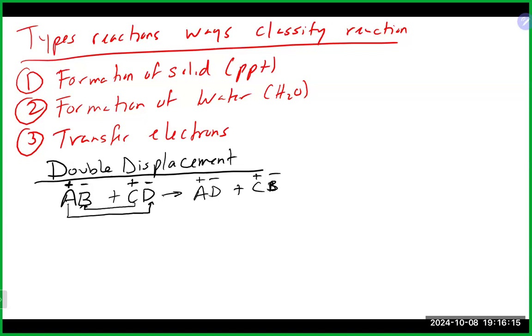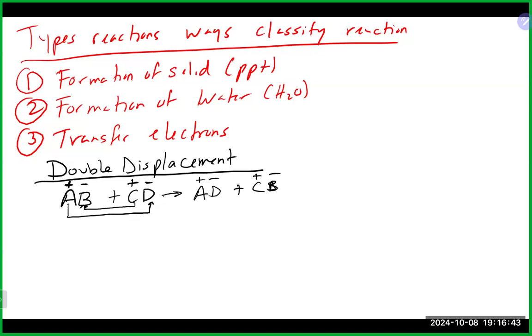Now, the double displacement reaction is sort of a broad category of classification of a reaction. When we look at reactions, there are more specific ways to classify the same reaction. And as we will see as we go through the rest of this chapter, you could classify the same reaction sometimes three different ways, depending on what you're looking at.